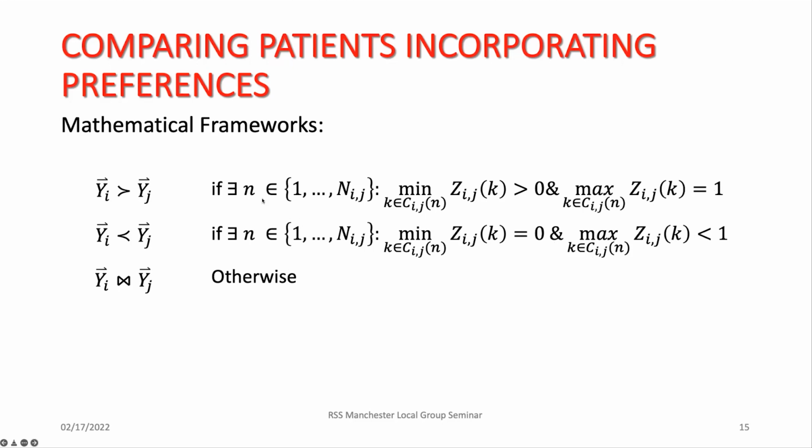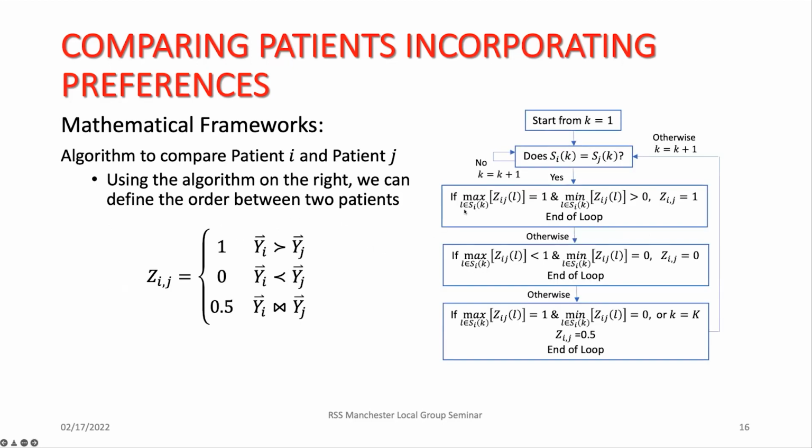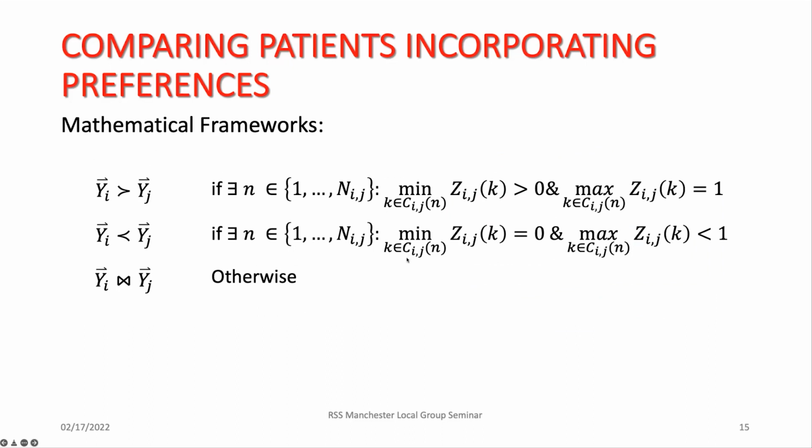If you cannot find such a common subset, then basically they are tied. In that case, the minimum and maximum are either equal to 0, which means all the dimensions are tied, or the minimum is 0 and the maximum is 1, so they have discordant results for the common preference, and you cannot really break the tie.